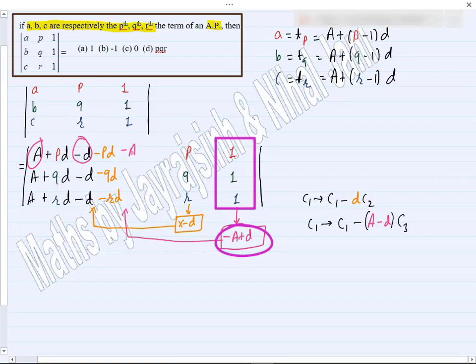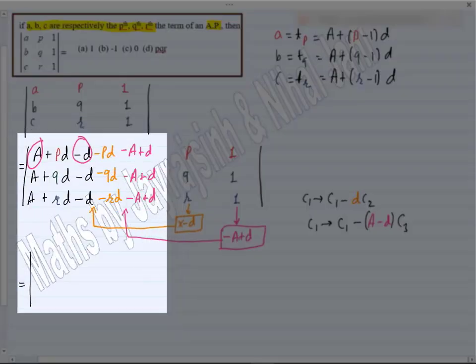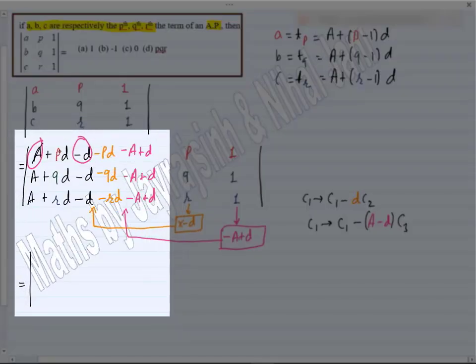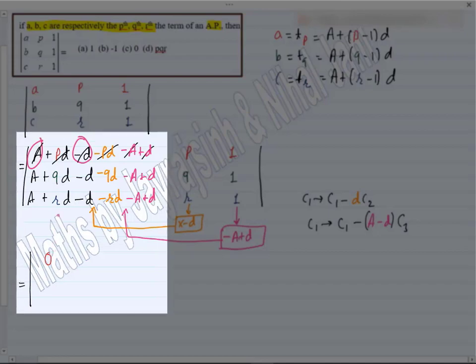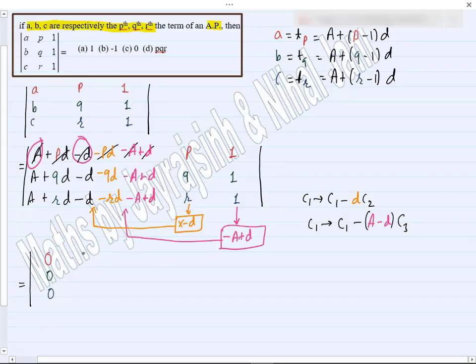So here we'll get minus A plus d, minus A plus d and minus A plus d. Now let's simplify our first column. Here A, d and pd will cancel out. So here we'll get 0. Similarly, 0 and 0. Now rest of the two columns will be as it is, and our first column is equal to 0. So the value of determinant will be 0.